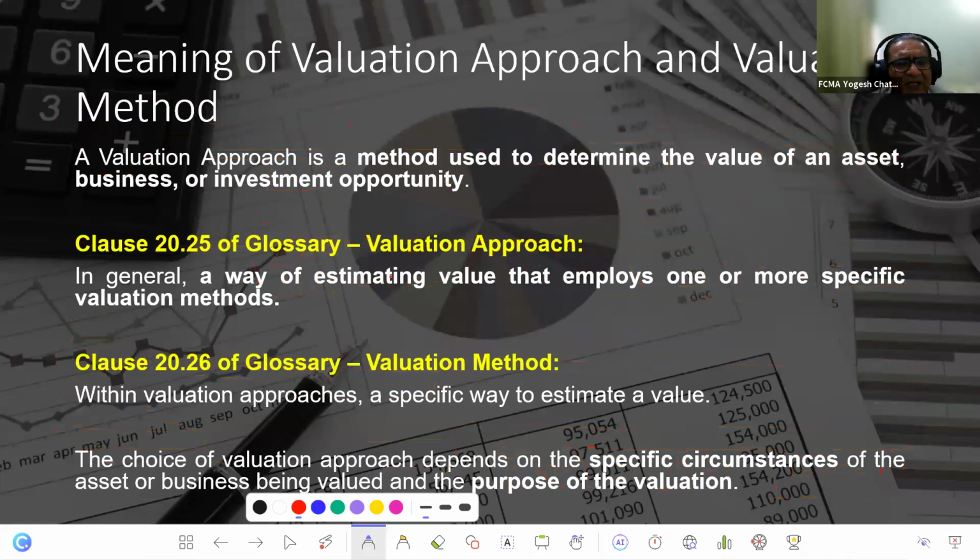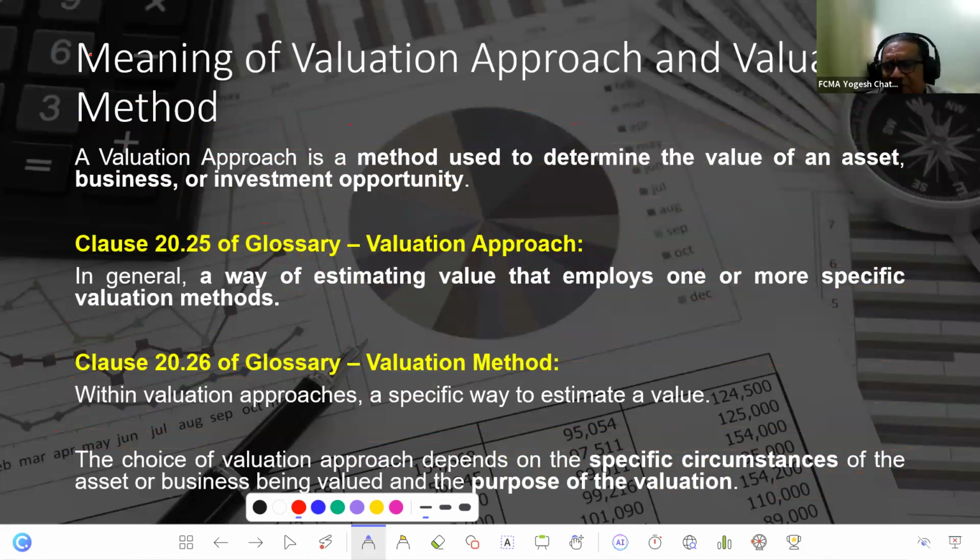And apart from that, there are other bases of value like fair value as per IFRS, fair market value as per OECD, Organization of Economic Cooperation and Development, fair market value as per US IRS. IRS stands for Internal Revenue Service.